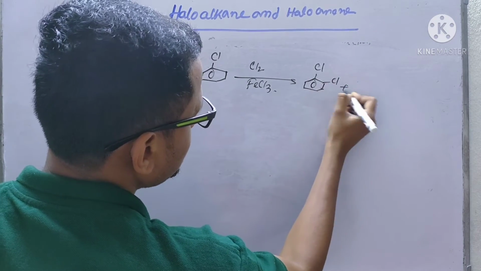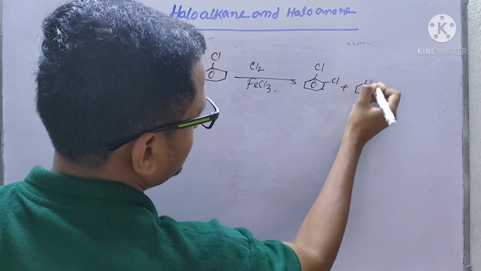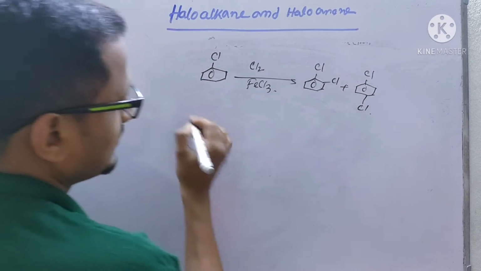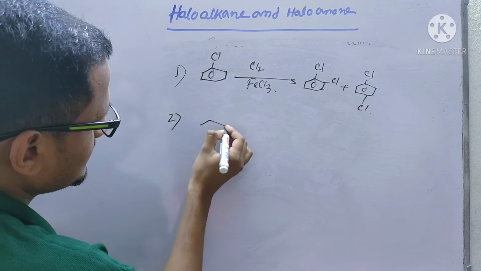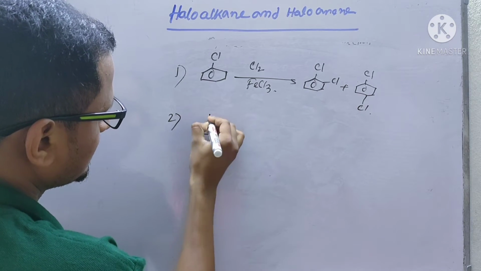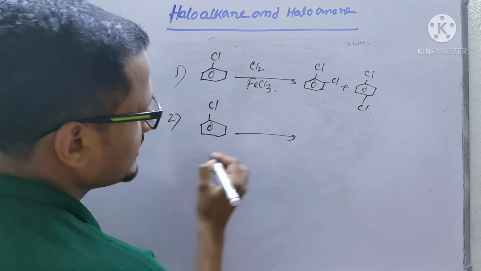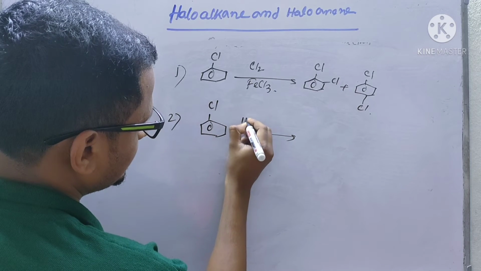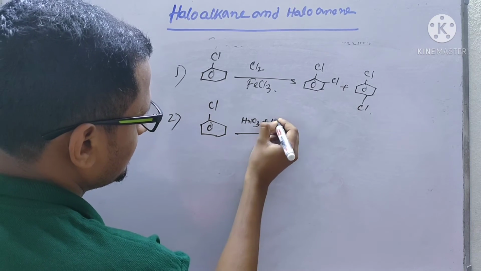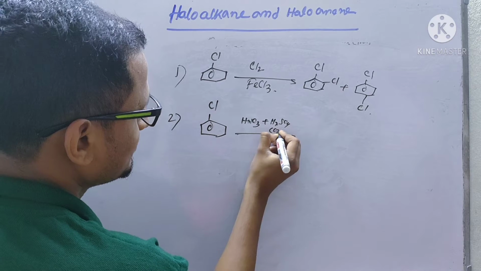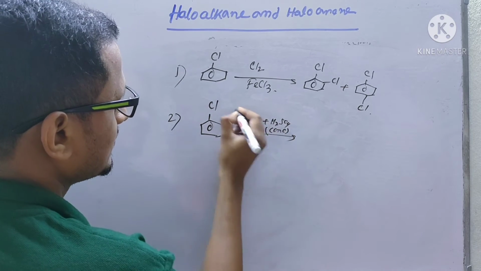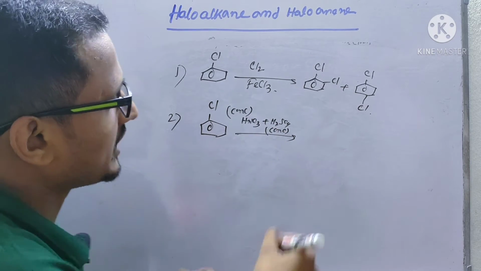You will get a mixture of products. This is the first one. Next, if you treat this one with nitric acid plus sulfuric acid, that means mixed acid, both concentrated, then two kinds of product you will get.